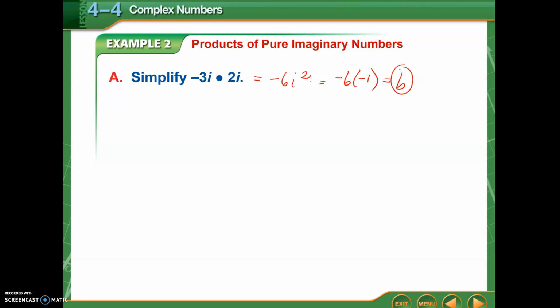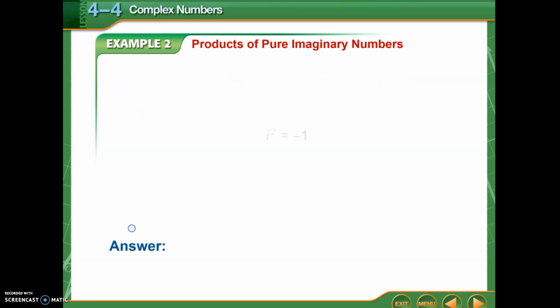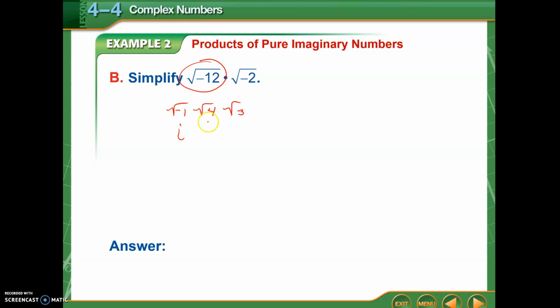So it works a little bit different than multiplying by negatives, because each of them has a part of a -1 in it, you could say. So with this you wouldn't multiply first, you would take your i out. I'd simplify this to the square root of -1, the square root of 4, the square root of 3, which is i and 2 and the square root of 3.